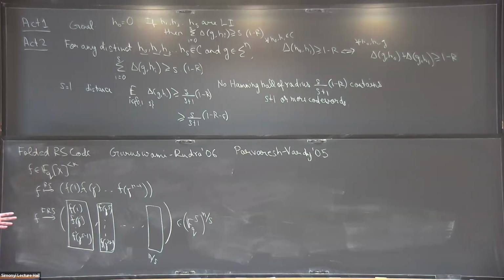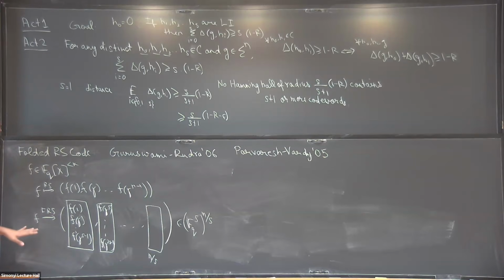So this decreases the block length by a factor of S, but increases the alphabet size by a factor of S, also powers up the alphabet size. It's not too difficult to check that the distance does not change, the rate does not change, everything is same, but we'll get a boost in terms of the list decodability properties.